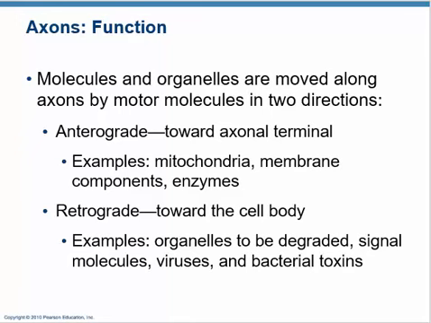And then there's retrograde, which is bringing things back towards the cell body. So this is old organelles that are no longer functional, and signal molecules. But this is also the way that viruses catch a ride back to the cell bodies. They're called retroviruses because they take advantage of the retrograde movement in the axon.